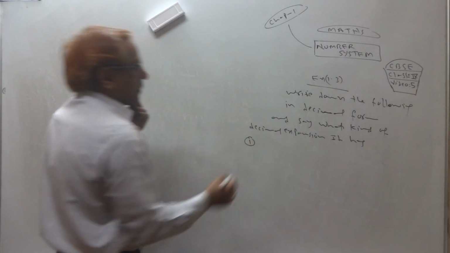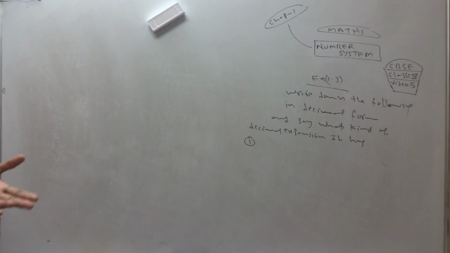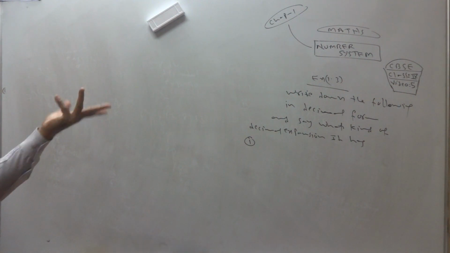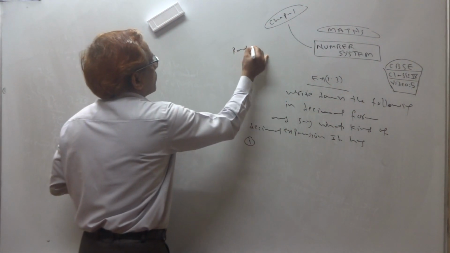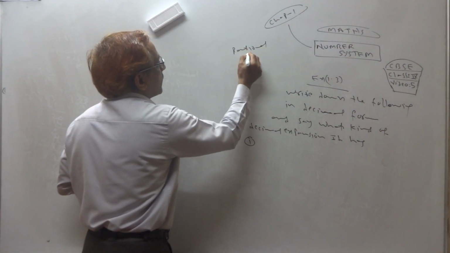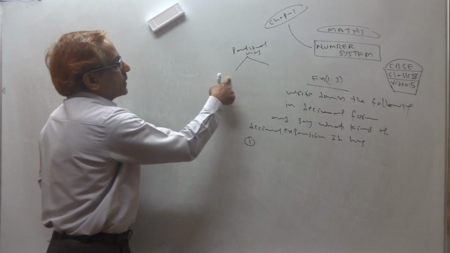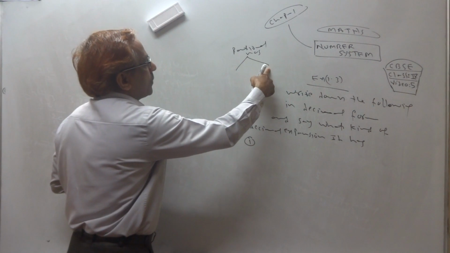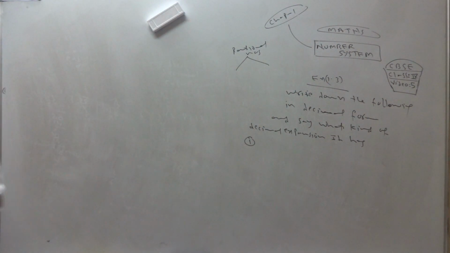We have to give the decimal form or decimal expansion and say what kind of decimal form. So now we are actually doing rational numbers. I have already given the idea that rational numbers are of two types: one is terminating decimal, otherwise non-terminating but repeating.